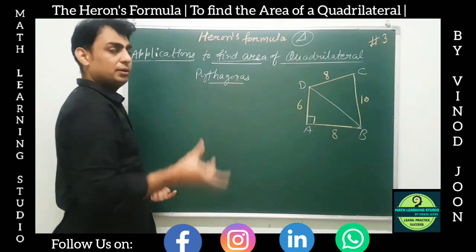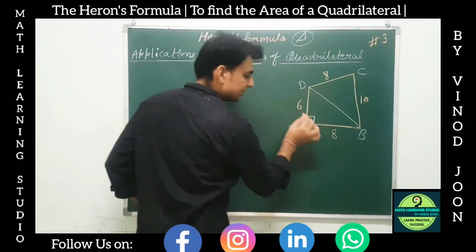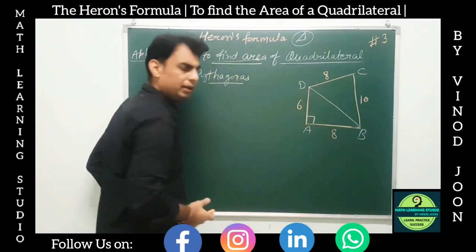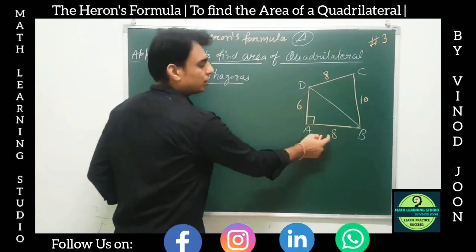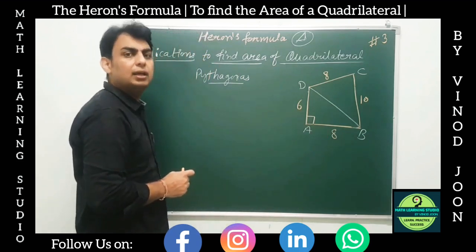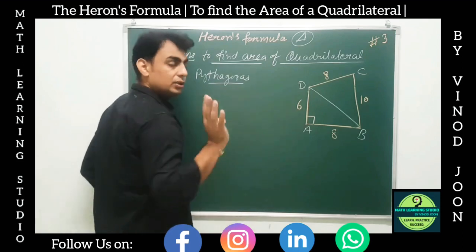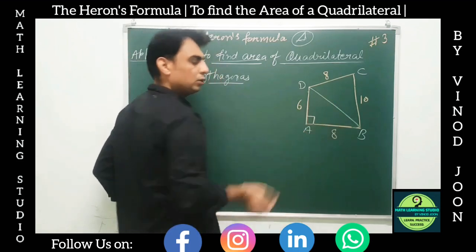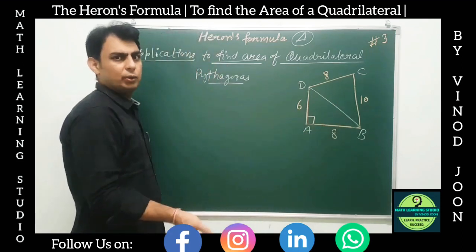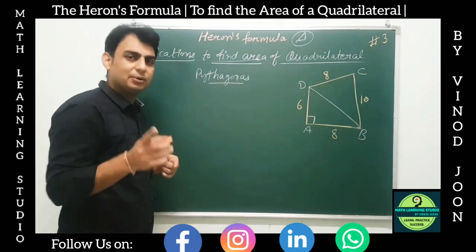So Pythagoras theorem, because see, we have the side AD and the side AB, the legs. These two are called the legs of the right angle triangle, which we can normally call perpendicular and base. So we have these two sides. We do not know the hypotenuse, the longest side. We can find it using the Pythagoras theorem.